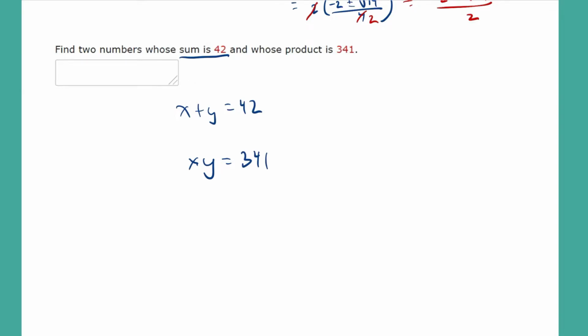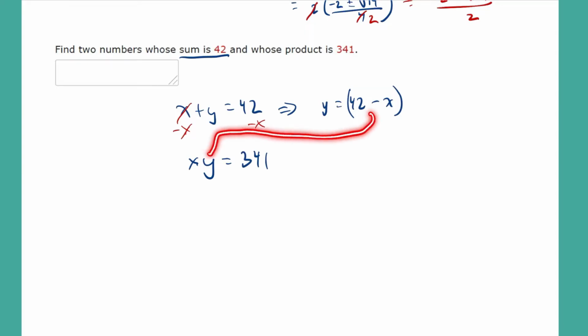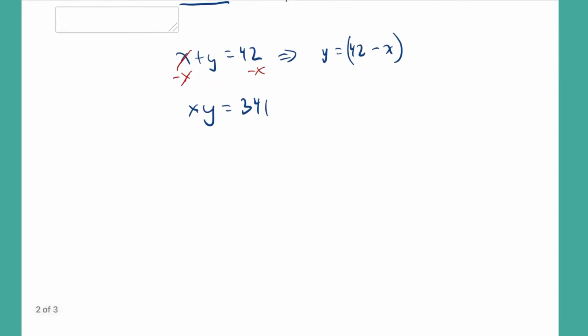So now we can solve for either x or y and then do substitution. I'm going to solve for y. Doesn't matter though. So you're going to get y equals 42 minus x, and then you substitute in, so this is going to be x times 42 minus x equals 341.